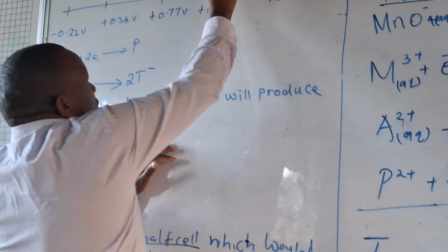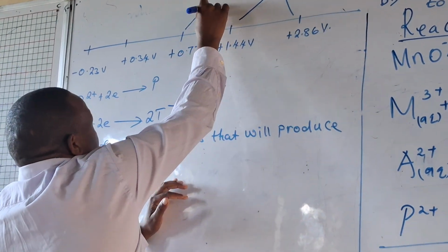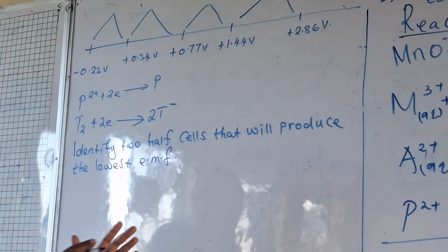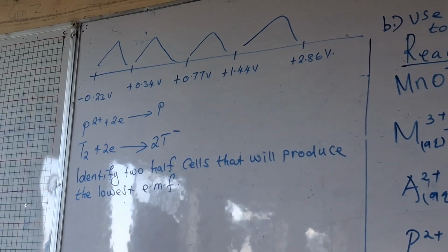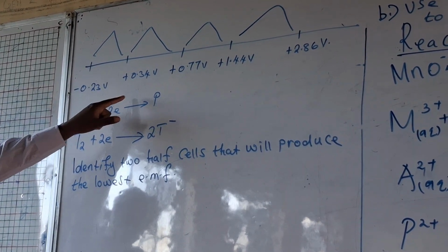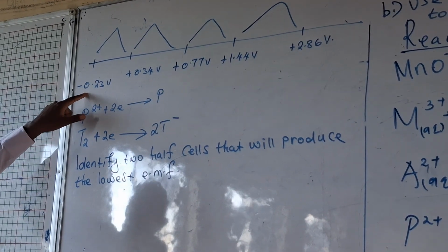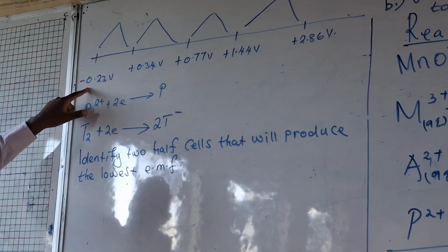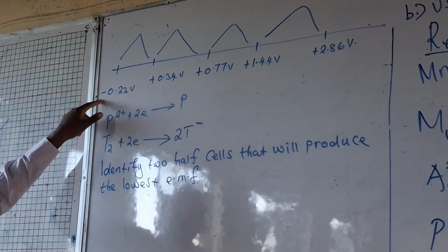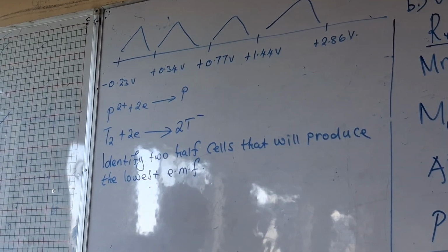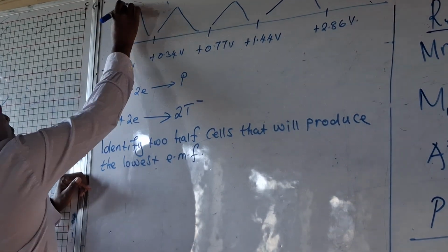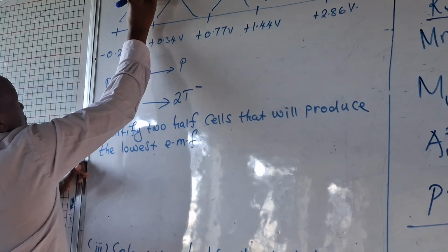You look for the difference between this and this, this and this, this and this, and this and this. In other words, you look for the difference for those two which are close together. And you subtract 0.34 minus negative 0.23. What do you get? Positive. So here we have positive 0.57 volts.